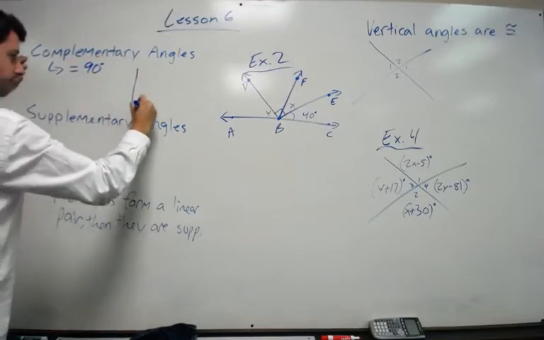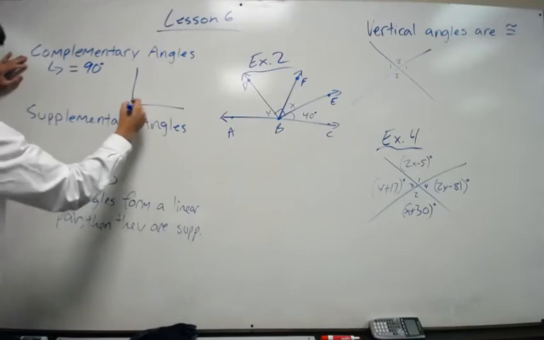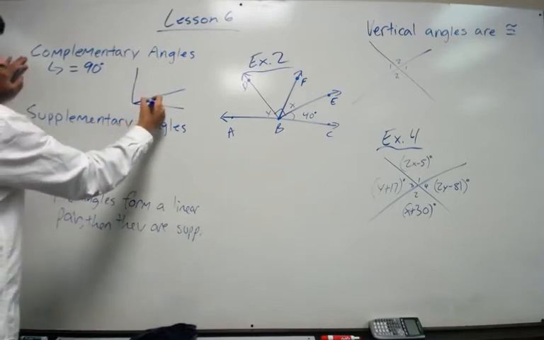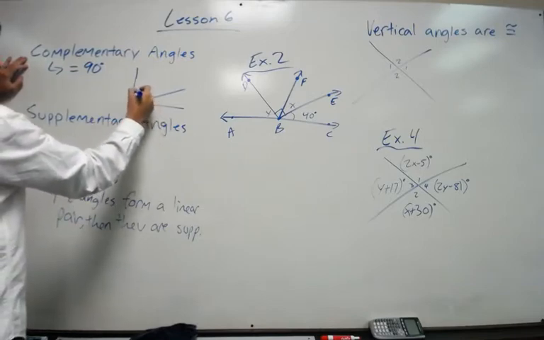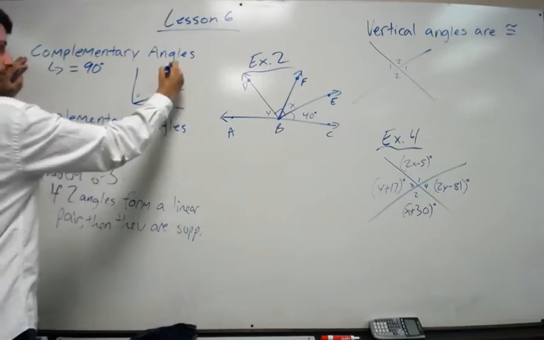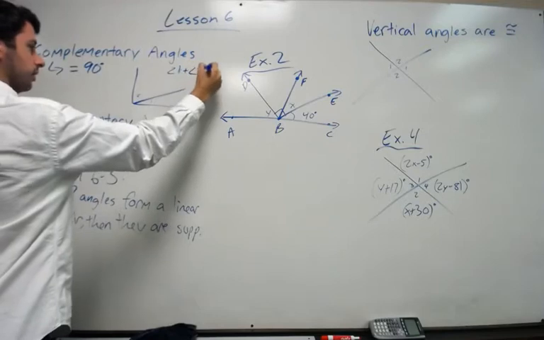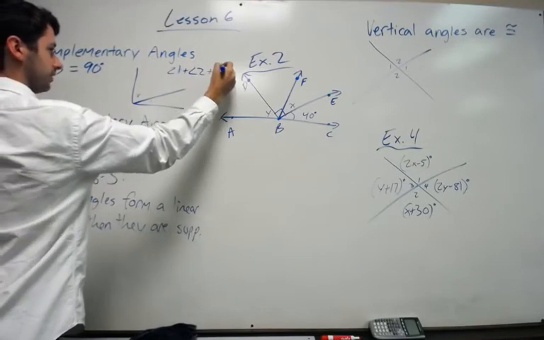So if you have a right angle and there's a line somewhere in between, angle 1 and 2 would always add up. Angle 1 plus angle 2 would always add up to be 90 degrees.